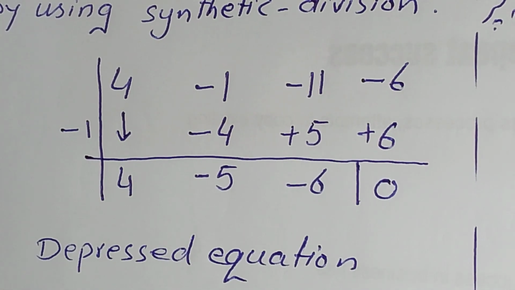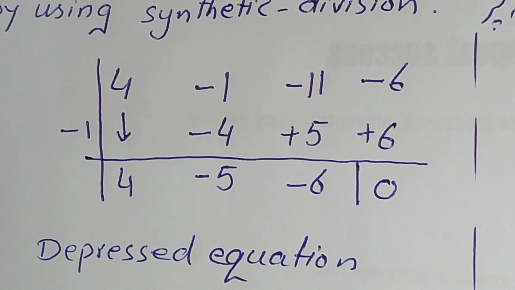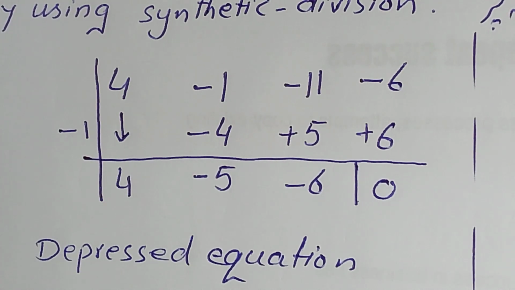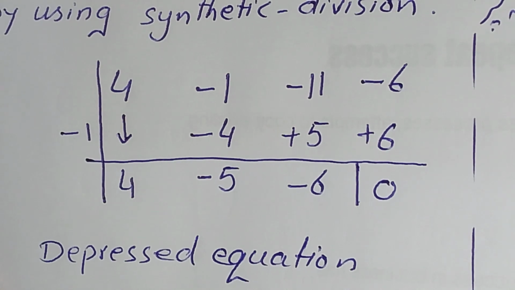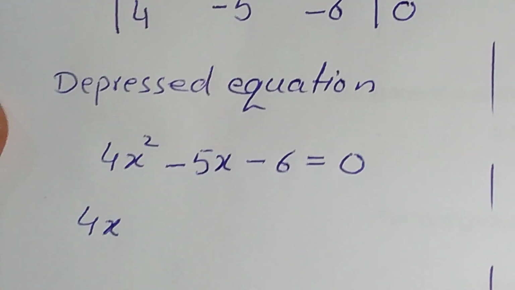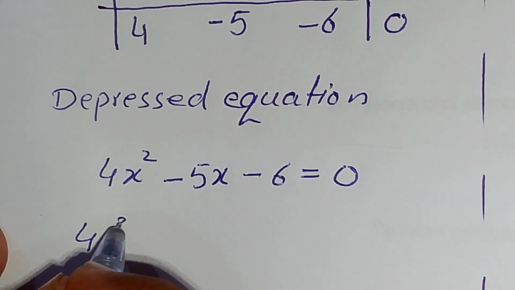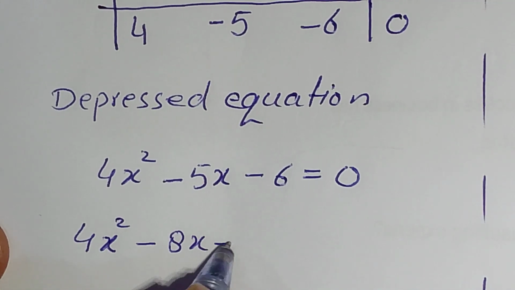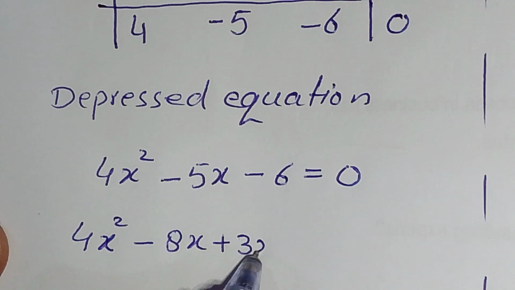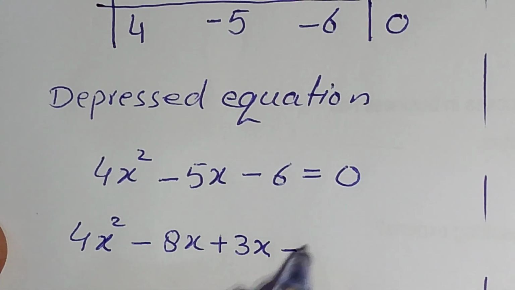So by making its factors, 6 4s are 24. Okay, so we can write that 4x squared minus 8x plus 3x, these are factors, -6.